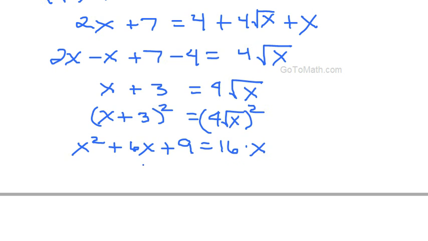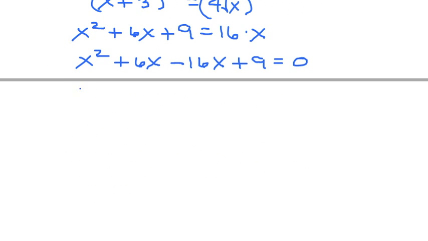So we want to take this 16x over to the left now. So we have x squared plus 6x minus 16x plus 9, and that's all equal to 0. So we have x squared, 6x minus 16x, that's going to be minus 10x plus 9 equals 0.